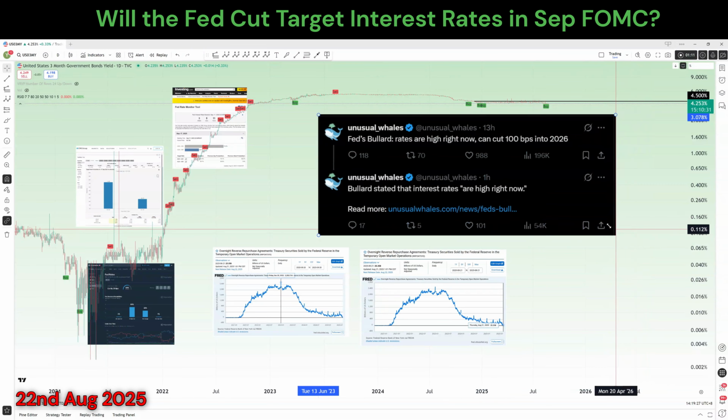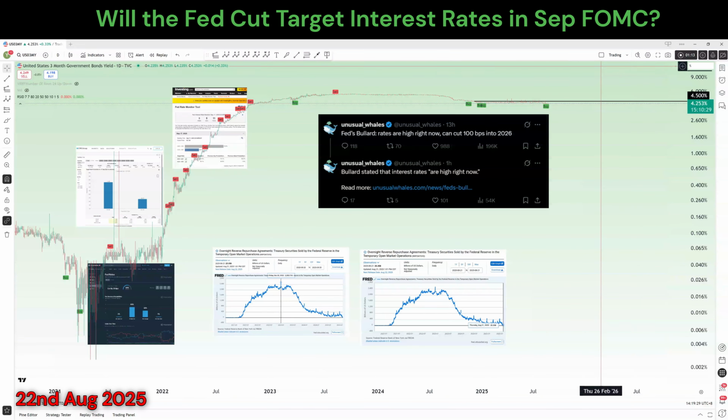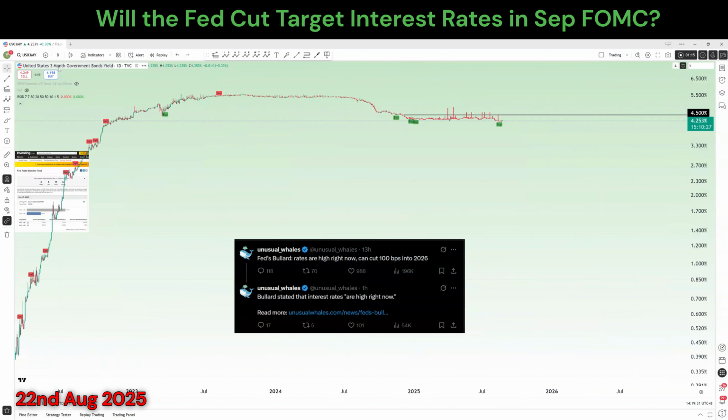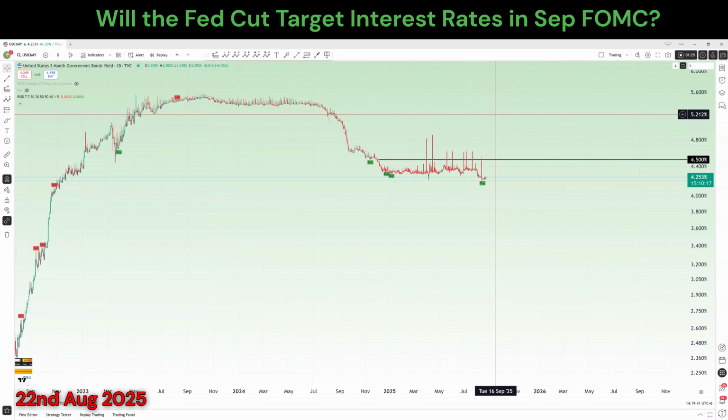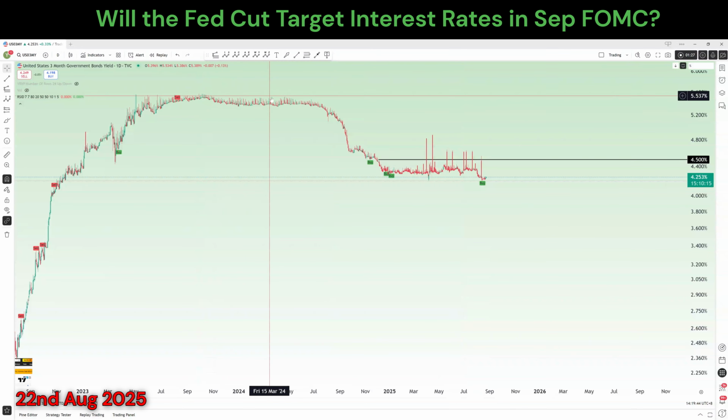Now, over here you see the 3 months government bond yield. This is important. If you have seen one of my old videos, I talk about how the Fed sets the interest rates using this 3 months government bond yield.